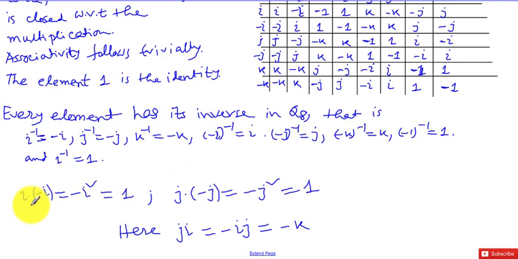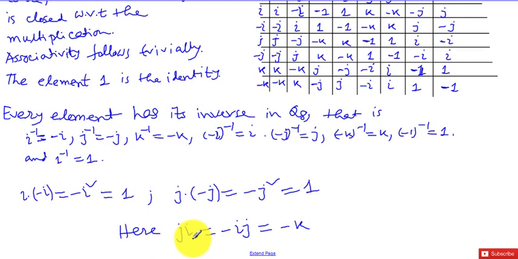We can see i into minus i is equal to minus i square is equal to 1. So, minus i is inverse of i and i is inverse of minus i. Similarly, j into minus j is equal to minus j square is equal to 1. So, j and minus j are inverses of each other.